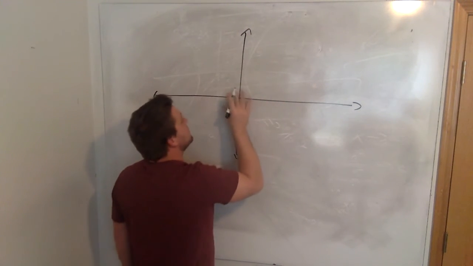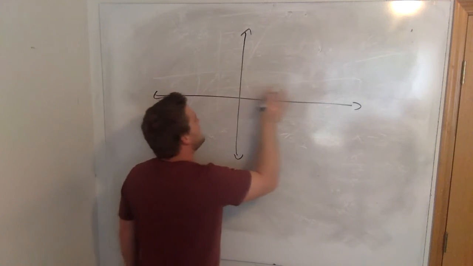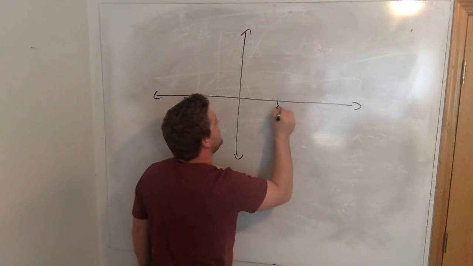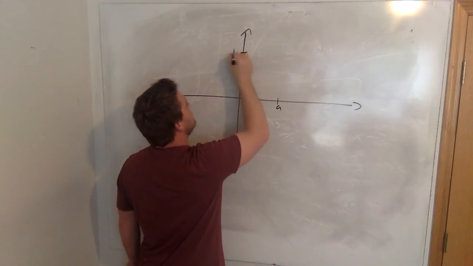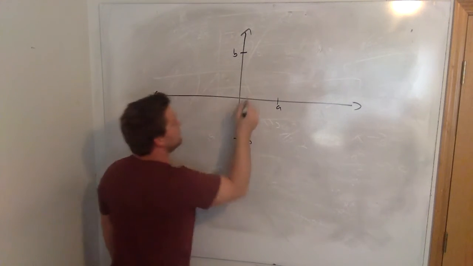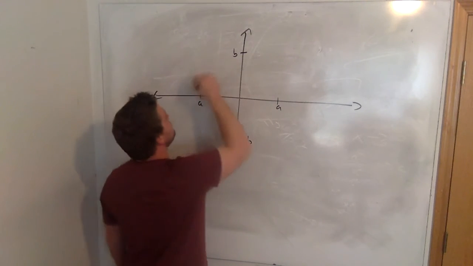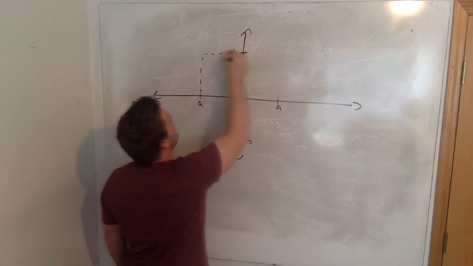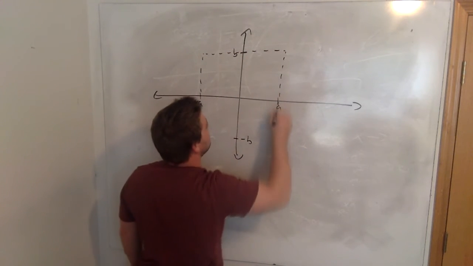It has a half width a. We would go this way a, and we would go up b, and down negative b, and there's this box here.